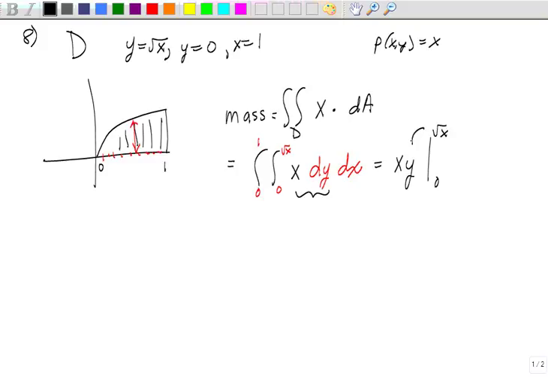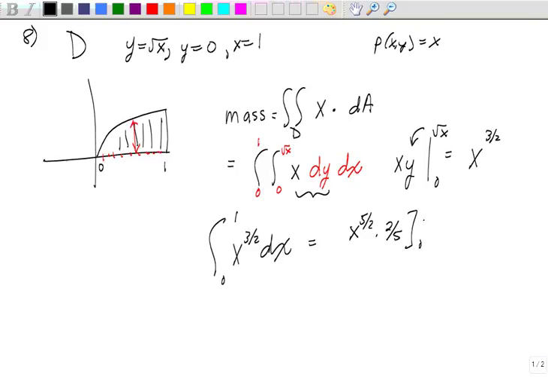And I'm plugging these into y, so that's x to the 3/2. And I don't want an equal sign here because that's not equal. I'm just doing the first integration. Okay, now I want to integrate x to the 3/2 with respect to x. So I get x to the 5/2 times 2/5, 0 to 1, and I get 2/5.